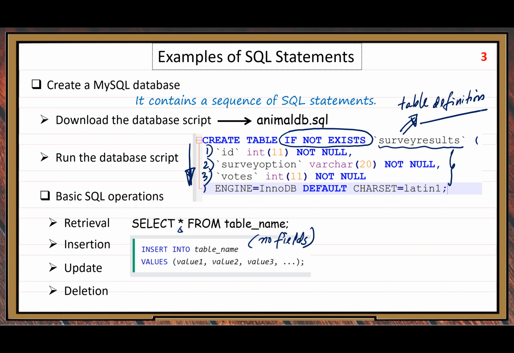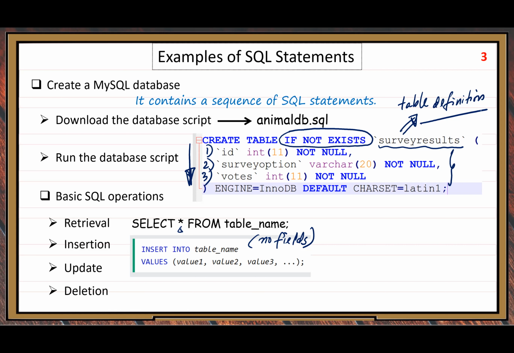In this insertion statement, we do not list any field. So we just use all the fields in our table definition in the same order. You cannot change the order.